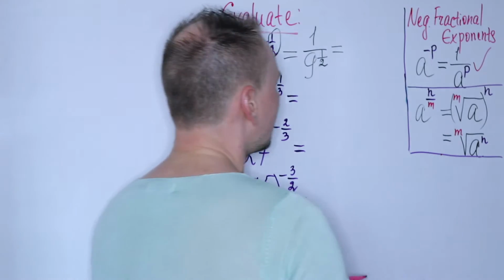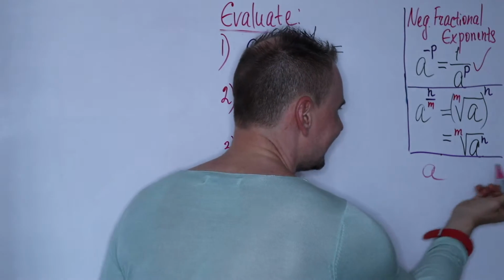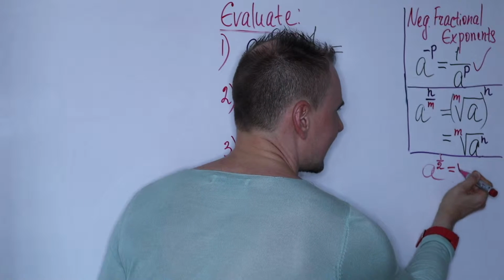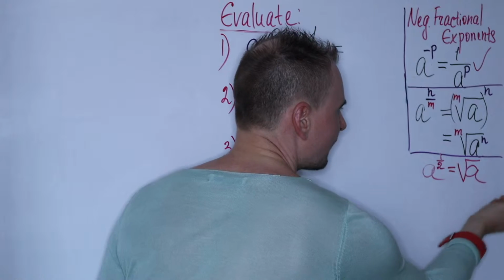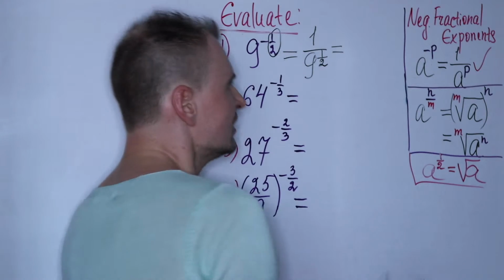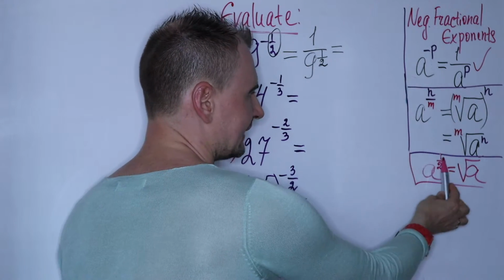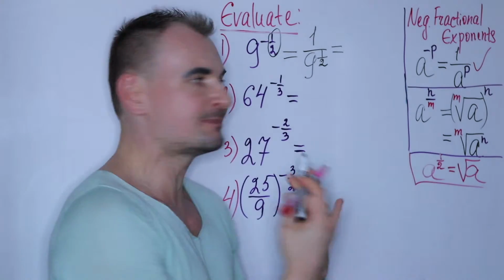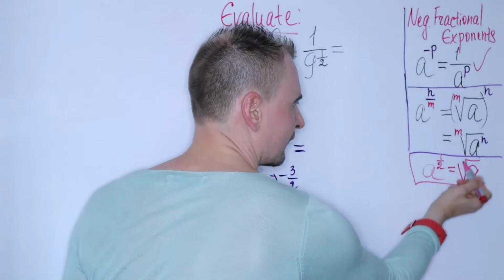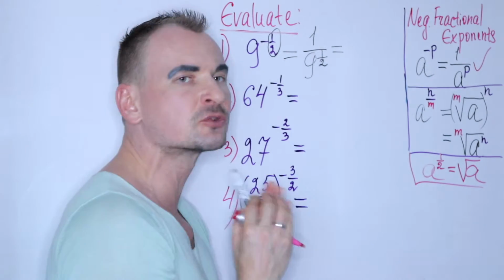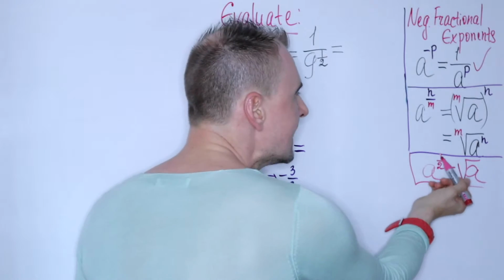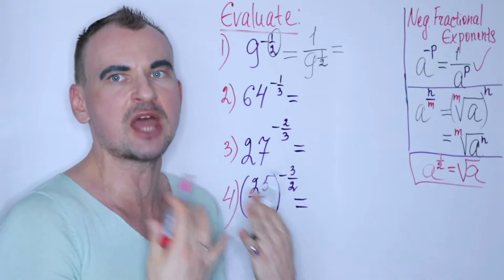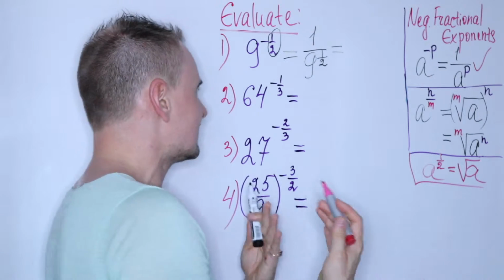If you have any number, let's say a raised to a half, it's the same thing as the square root of this number a. So your n again is 1 and your m is 2. Since we don't write explicitly this 2 as the index of a square root, it's implied, it's understood to be 2. The default is 2. And also any number raised to the first power is just the same number, so you could ignore this one at this point.